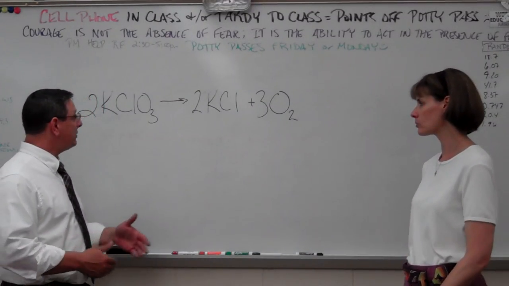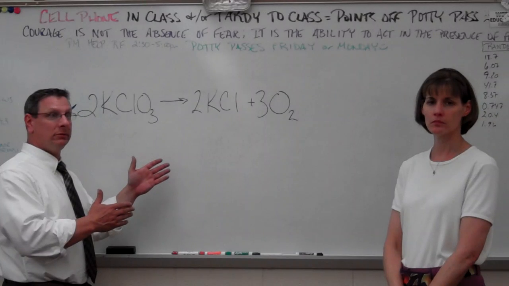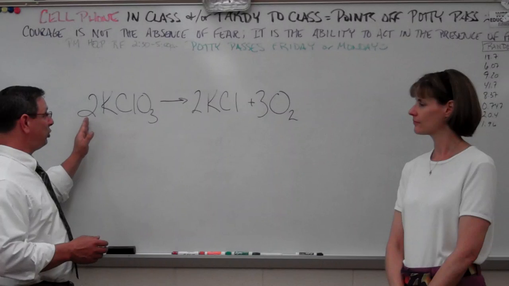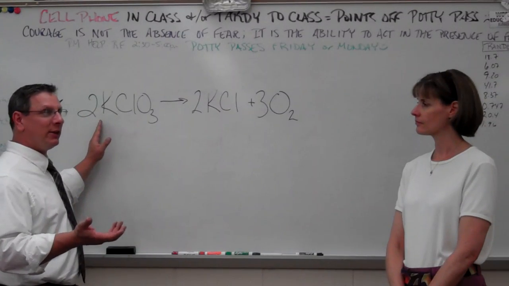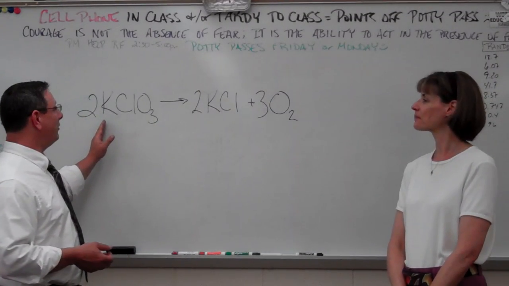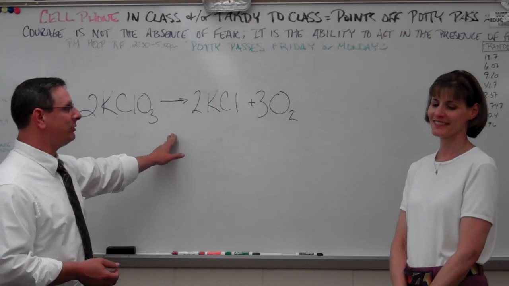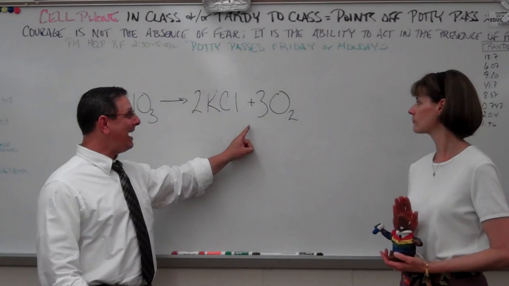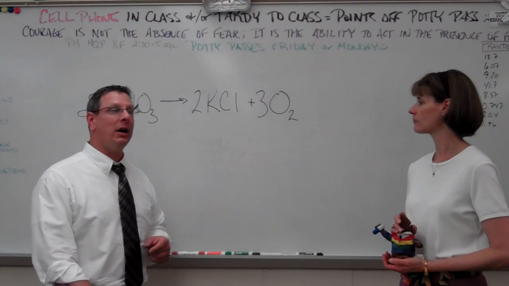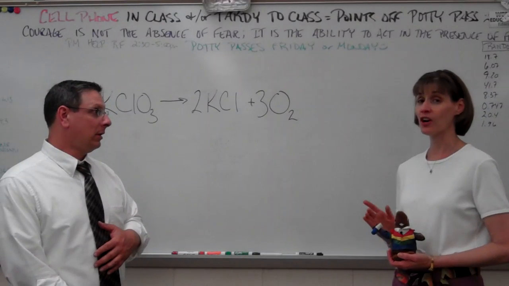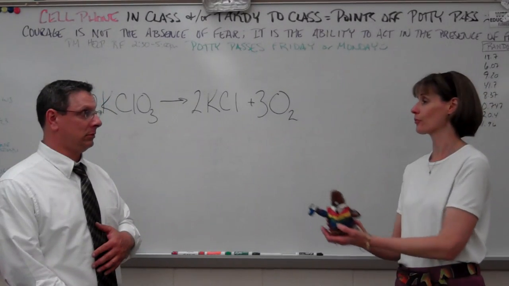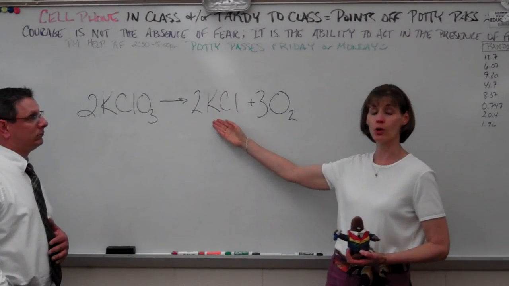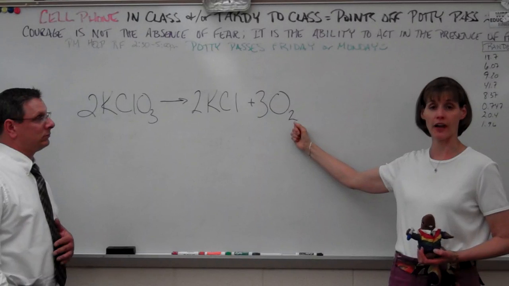If you read it like a dedicated motivated student ought to, you're going to read 2, technically they're formula units, of potassium chlorate decomposed to form 2 formula units of potassium chloride and 3 molecules of oxygen. But that also means moles. So it stands for 2 moles of potassium chlorate, forming 2 moles of potassium chloride, 3 moles of oxygen.